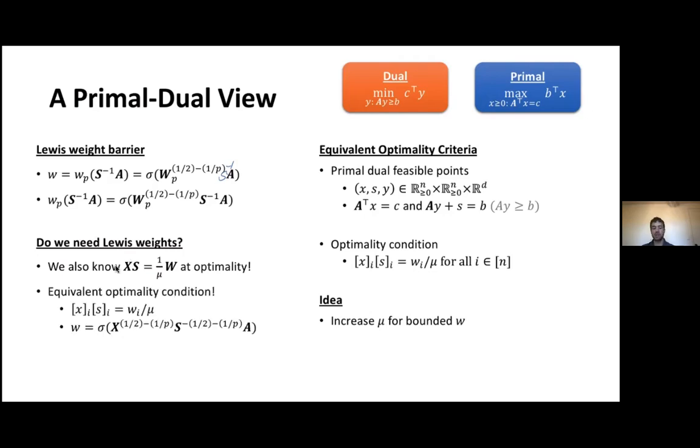So we could substitute this back in, and equivalently, the optimality conditions for being a central path point are just that xs are the weights, where the weights are just the leverage scores of this matrix. This is just what you get when you take these weights and substitute in the optimality condition that we know weights should be x times s.